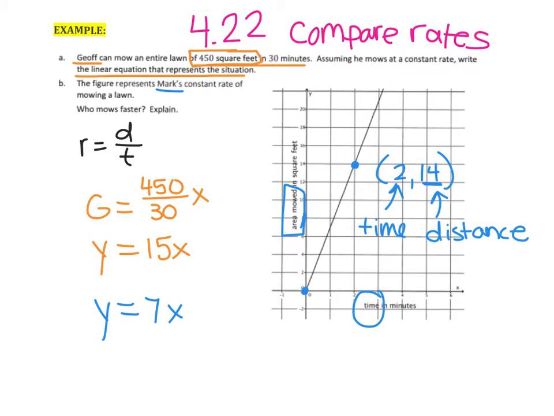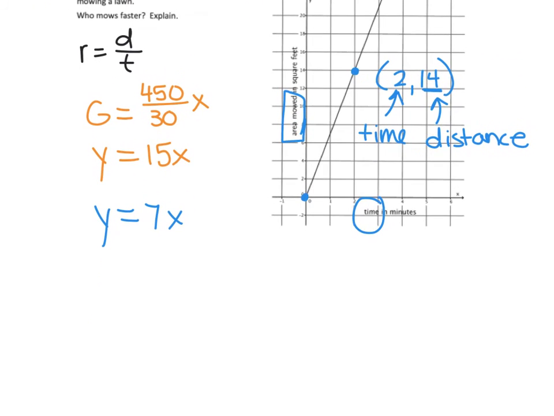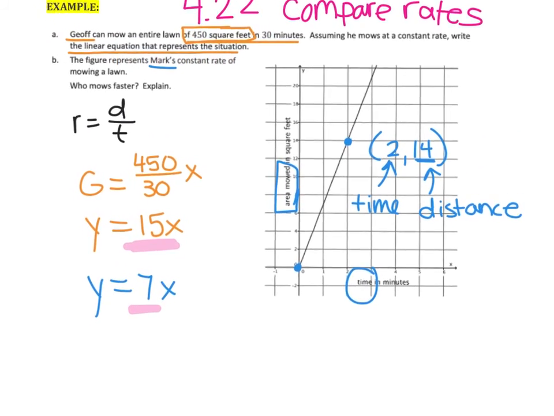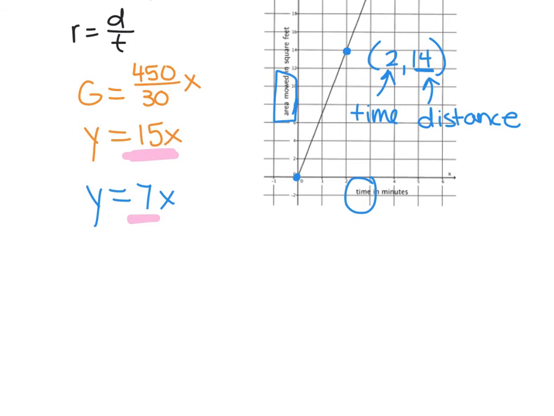So the question says, who mows faster? Explain. So in comparing these two numbers, for the same amount of time, for 1 minute, we've got a 15 or we've got a 7. Should be seeing it now. Jeff is faster.